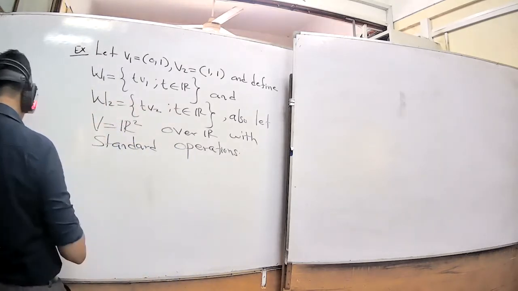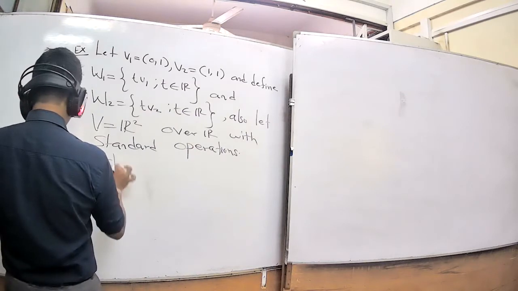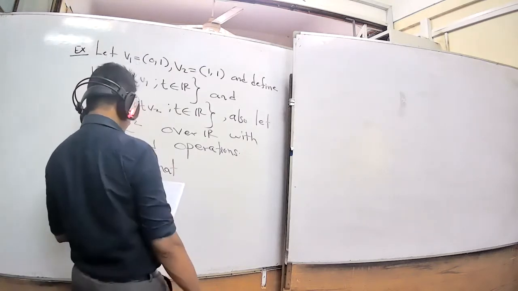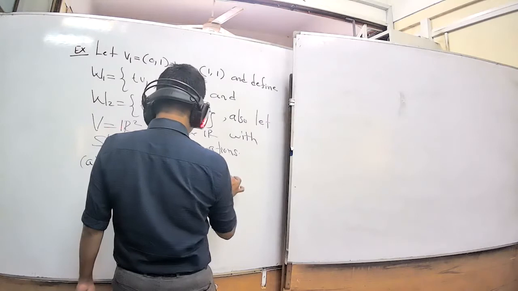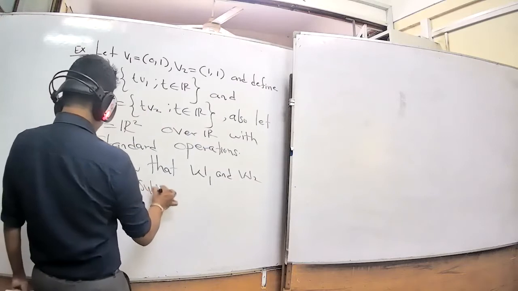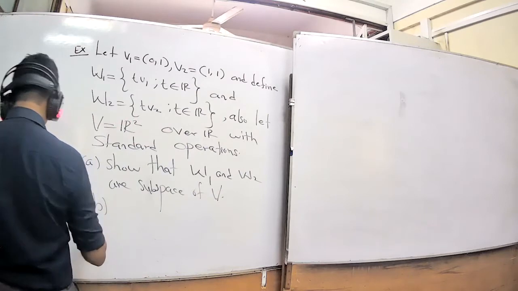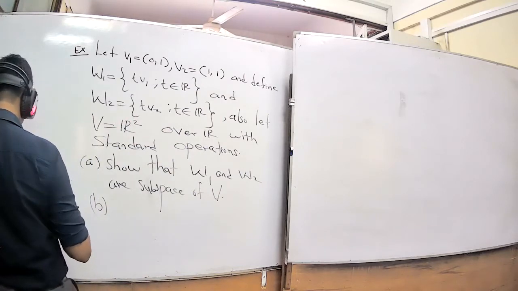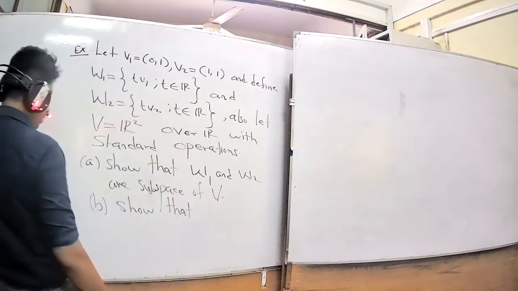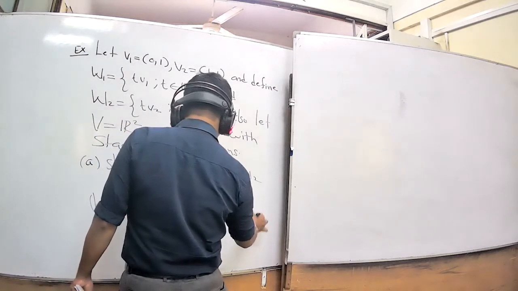First question is to show that W1 and W2 are subspaces of V. Part B: show that V is the direct sum of W1 and W2.